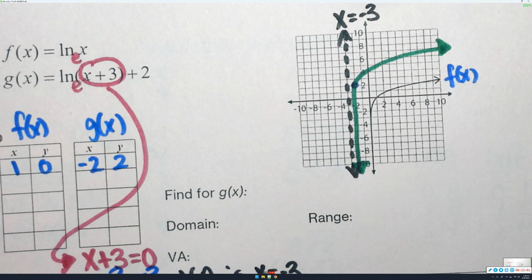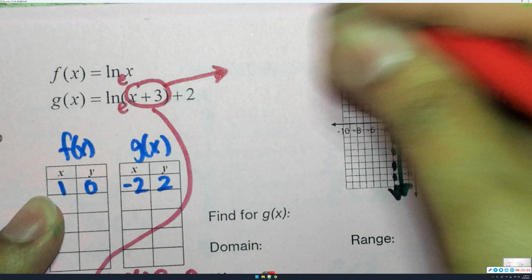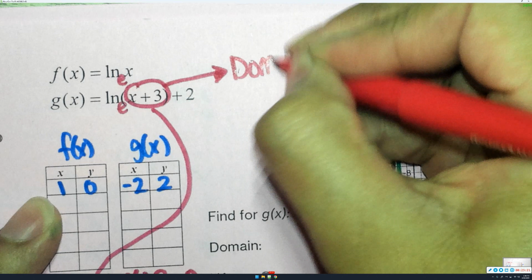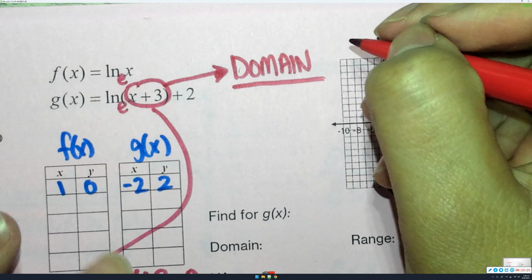Okay, now I can go ahead and talk about the domain. Now, keep in mind that the work that we're doing to identify the domain is if we didn't have a calculator. Let's imagine we didn't even have the graph. So how do we go about finding the domain? Well, I take the terms within the parentheses, and my domain has to be what? Strictly positive, right?